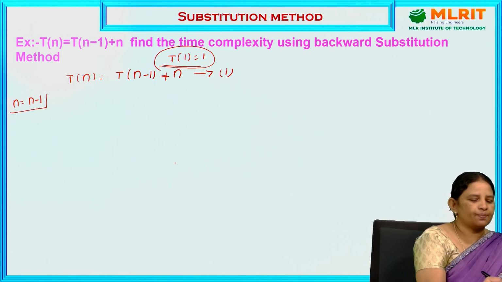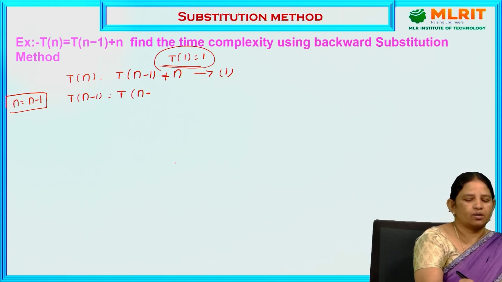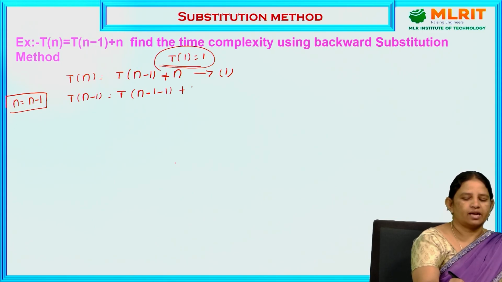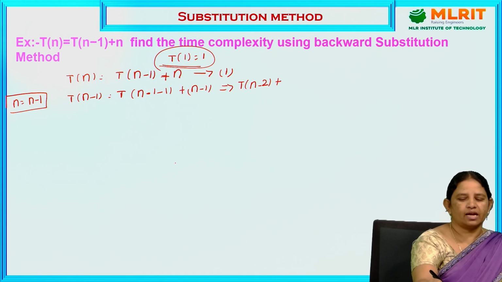That means in the place of n, you have to substitute n minus 1. T of n minus 1 equal to T of n minus 1 minus 1 plus n minus 1. That implies T of n minus 2 plus n minus 1.